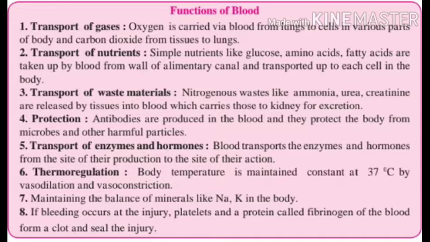Transport of gases. Oxygen is carried via blood from lungs to cells in various parts of the body, and carbon dioxide from tissues to lungs. Now transport of nutrients. Simple nutrients like glucose, amino acids, fatty acids are taken up by blood from the wall of the alimentary canal and transported up to each cell in the body.